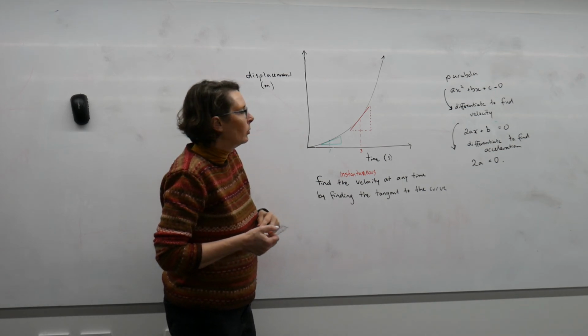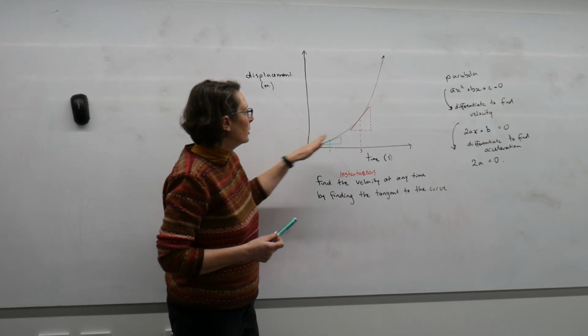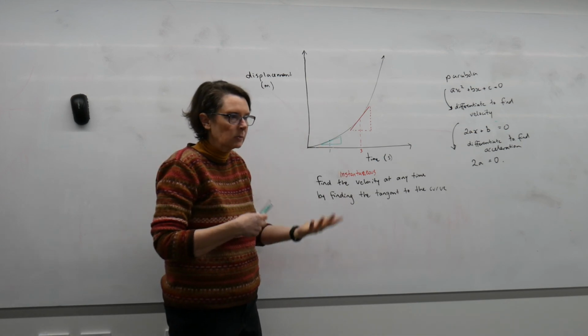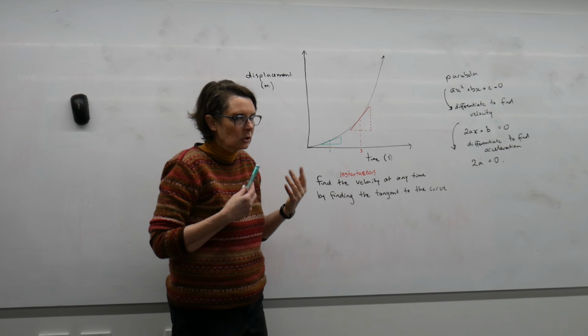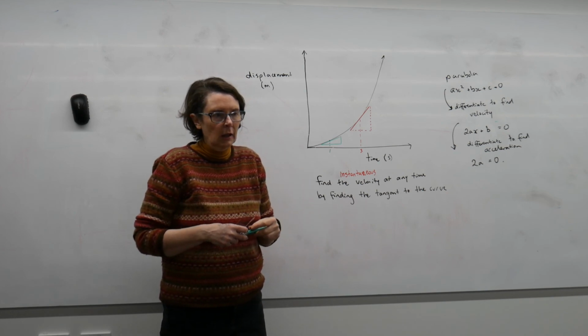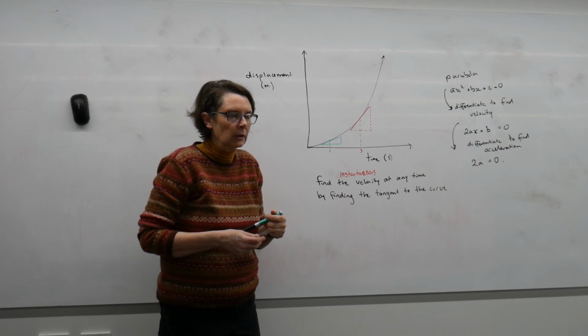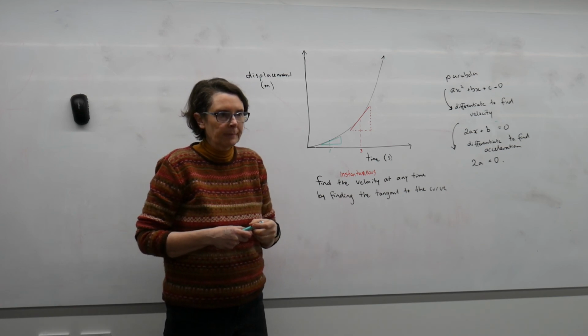Okay, so whenever we see the curve like this, we know it must be displacement distance. It's not going to be velocity, and it's not going to be acceleration, because we only ever deal with constant acceleration.